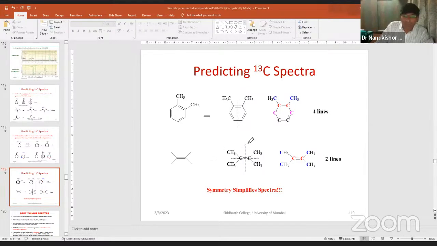If I put a plane over here as well as over here, all these methyl groups are considered to be the same, and obviously this olefinic carbon will again be the same. So all methyl carbons will have one line, and this olefinic carbon will have another line. Because of the double symmetry, this molecule will show a 2-line spectrum.